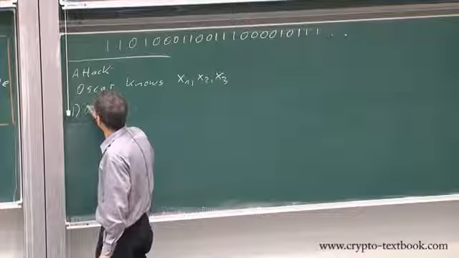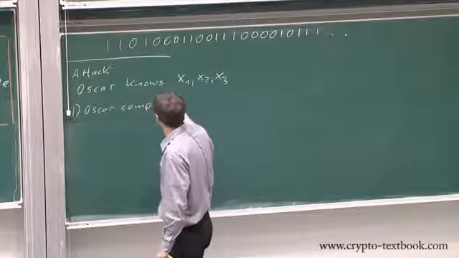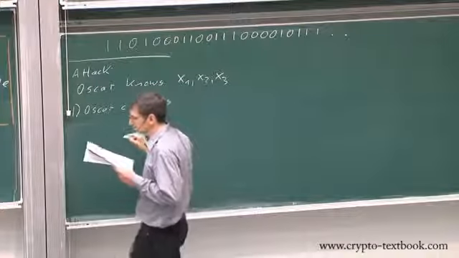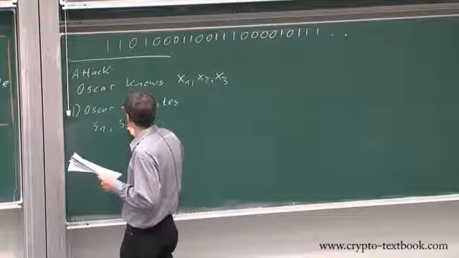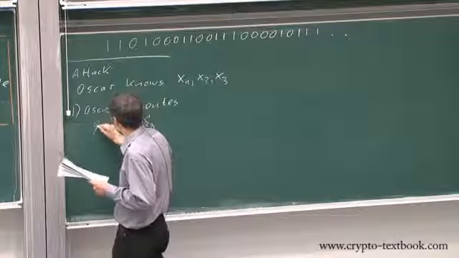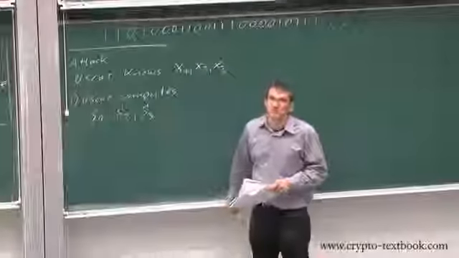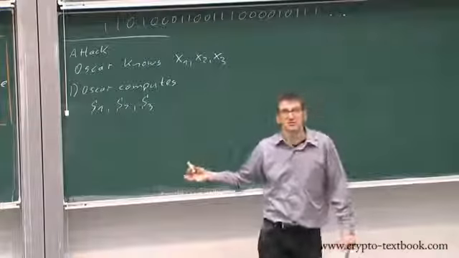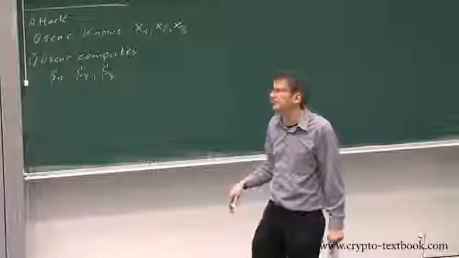So first, Oscar computes S1, S2, S3, uppercase. Okay, now we have 3. Now he has 3 outputs of the stream cipher.